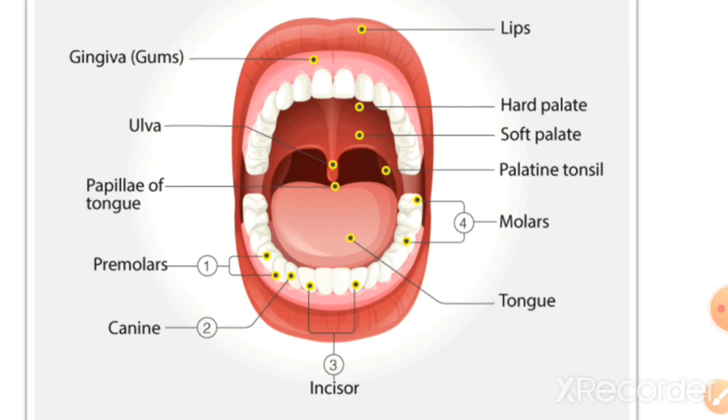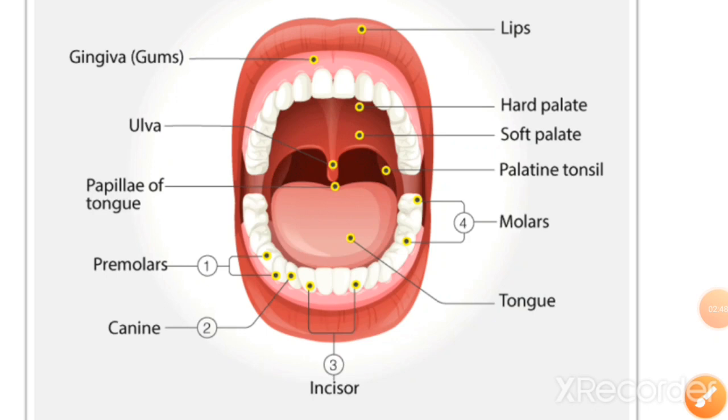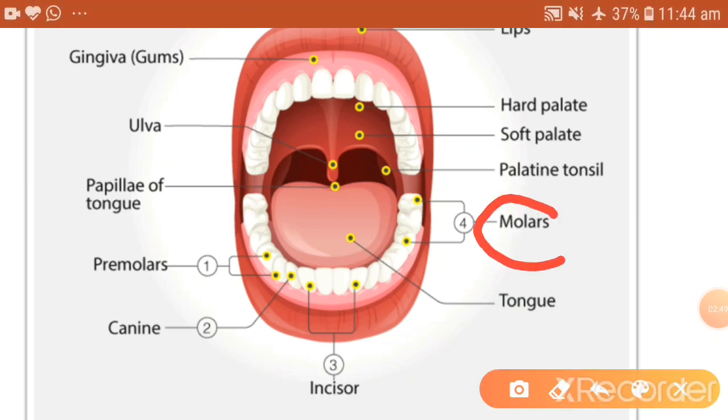Just behind the premolars, what you see here are the molars. The molars are the last three teeth on each side of the jaw. Three on the left side, three on the right side, and on the upper jaw also. These are the different types of teeth. And what do molars do?